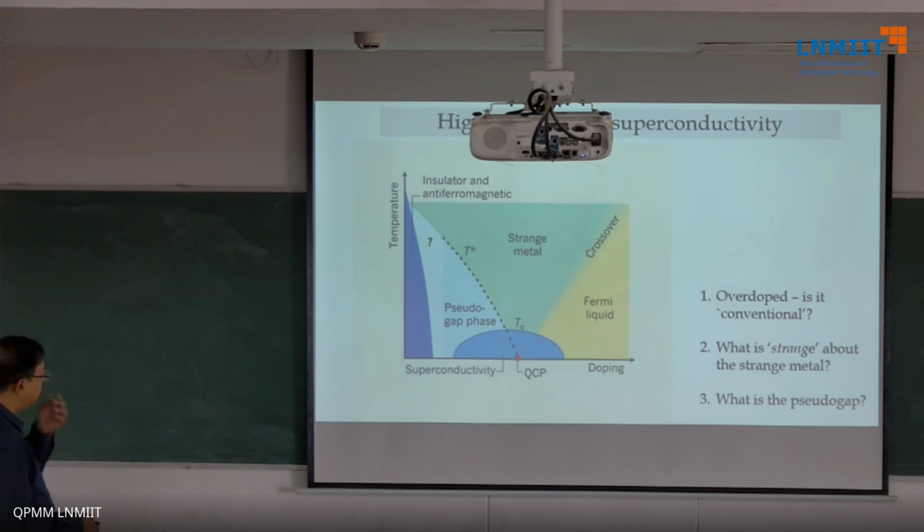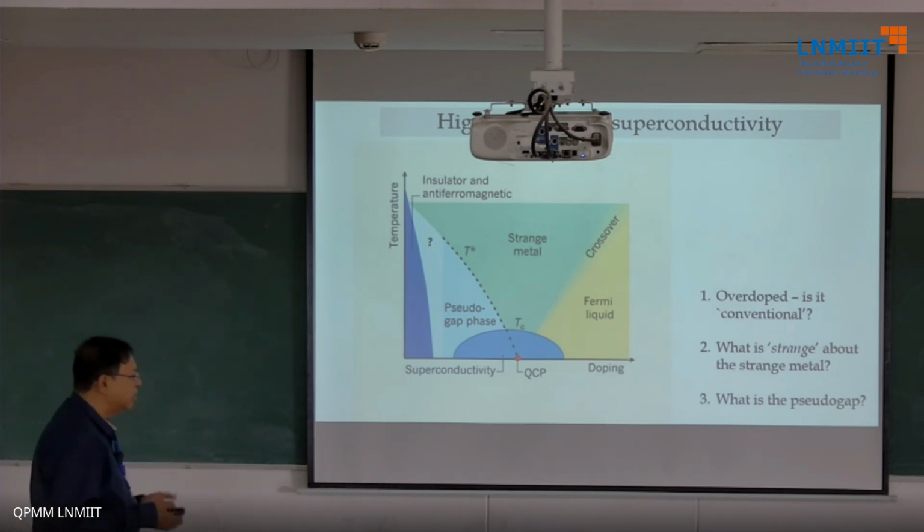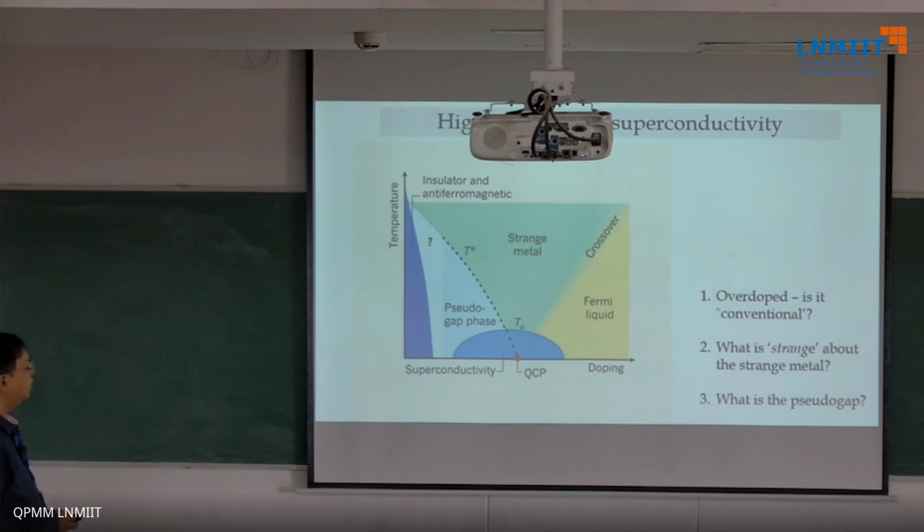In the overdoped region, it's more or less a Fermi liquid. So there's a crossover line indicated here. And then there is this pseudogap region where there are gaps. The Cooper pairs have the same amplitude, but they are probably not phase coherent, and so on and so forth. This is temperature versus doping, hole doping or electron doping.